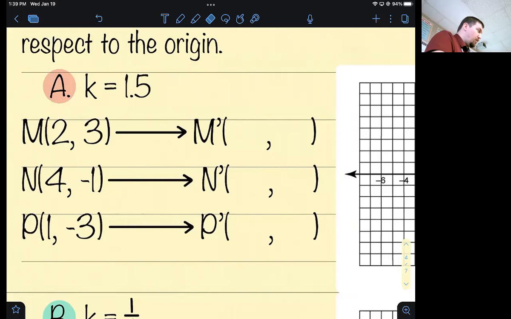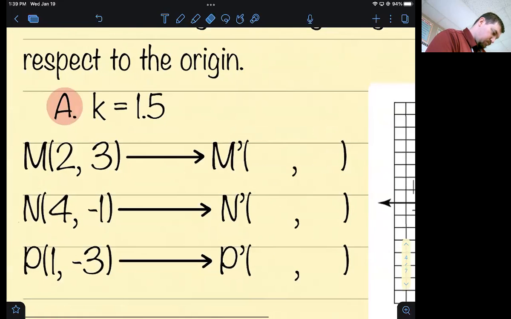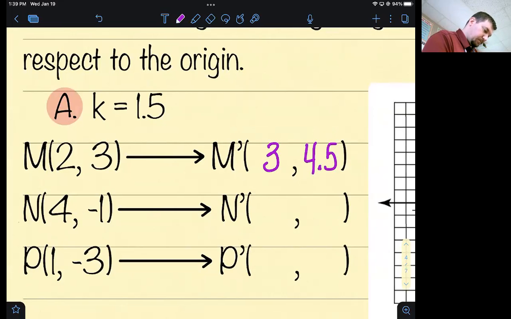Connor, you're going to do N prime. And Brady, you're going to do P prime. What do you got, Deegan? 4.5. Okay. Connor, what'd you get? 6 and negative 1.5.